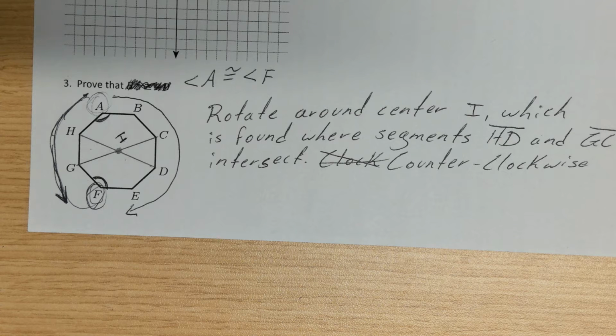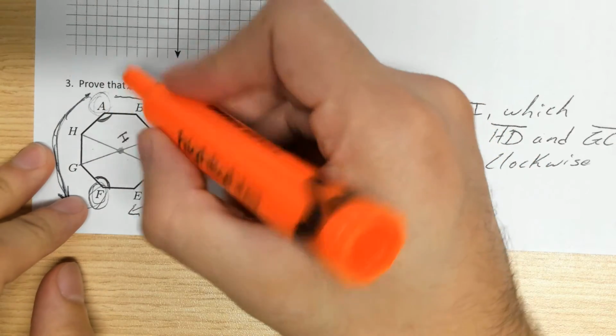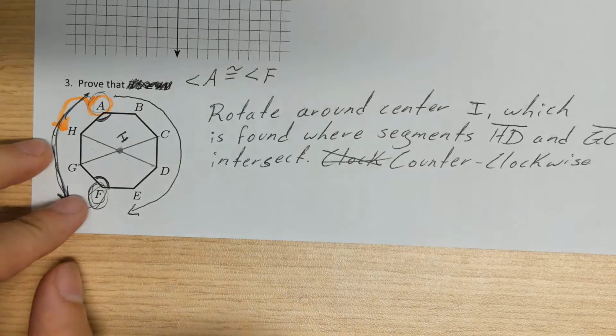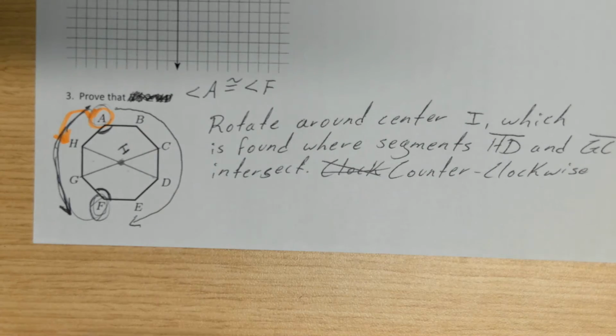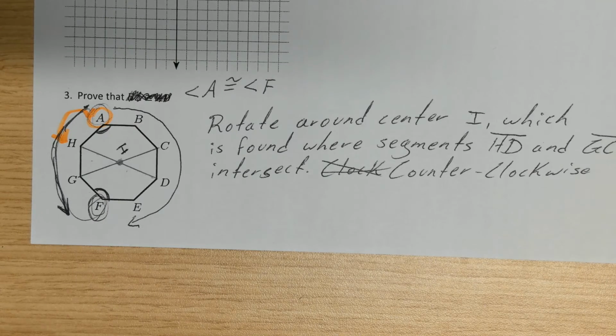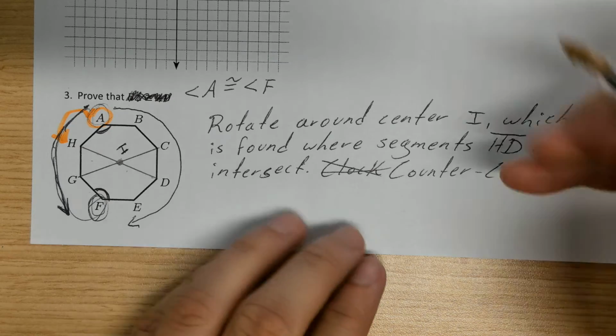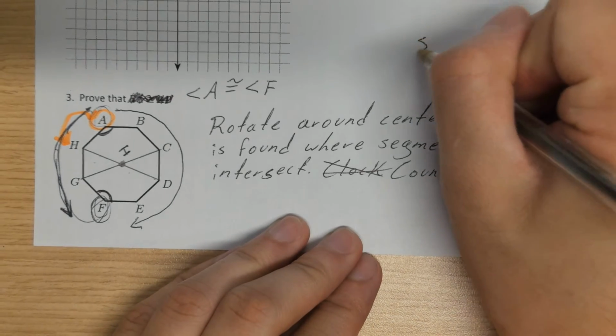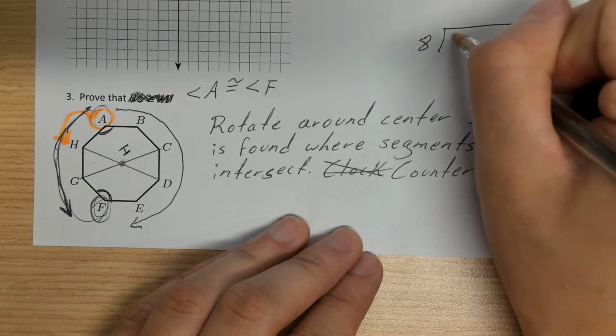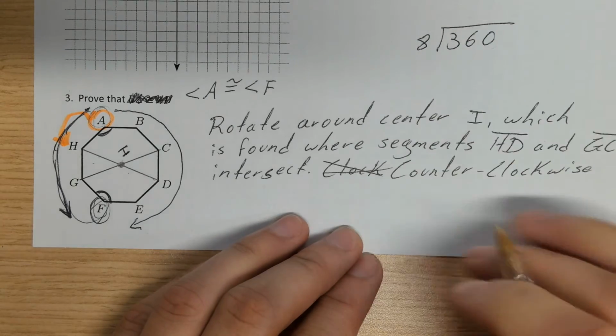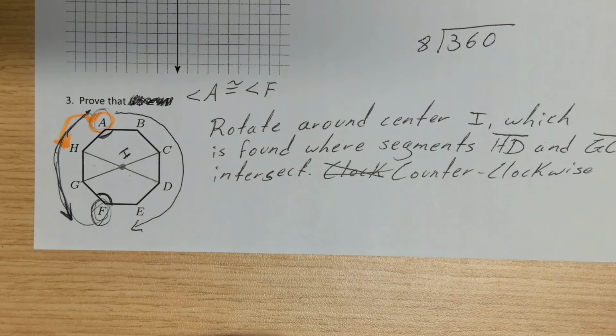Okay? Let me show you guys. If you have 8 sides, okay, it means that every turn, like to get from A to H, you're going to make a jump a specific amount of degrees. That specific amount, you find it by dividing 360 by 8. 360 because that's how many degrees around it goes.